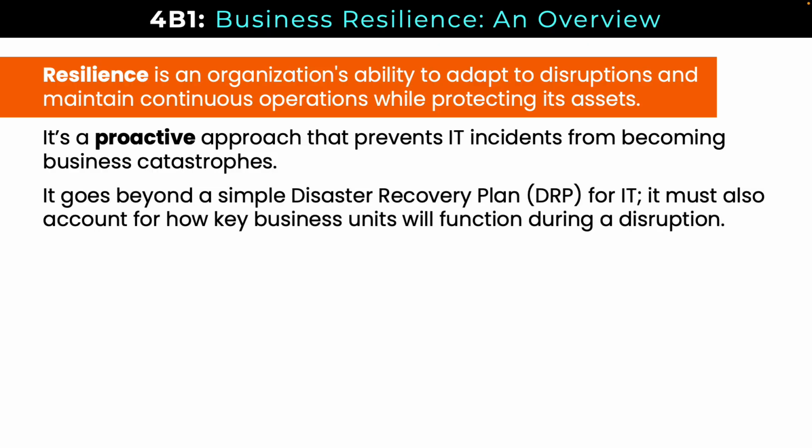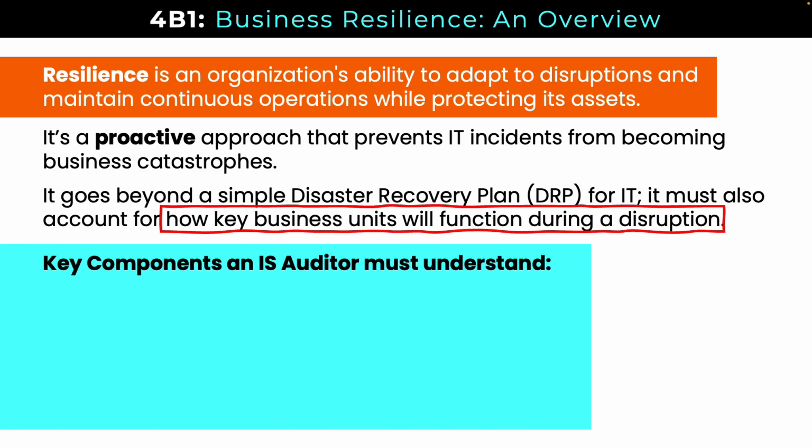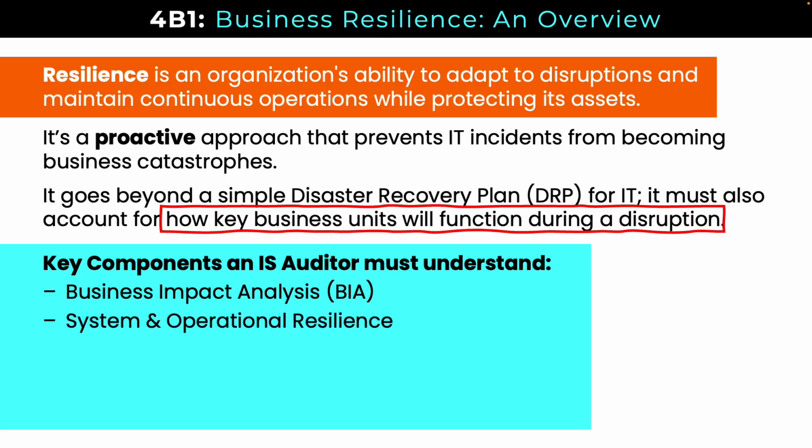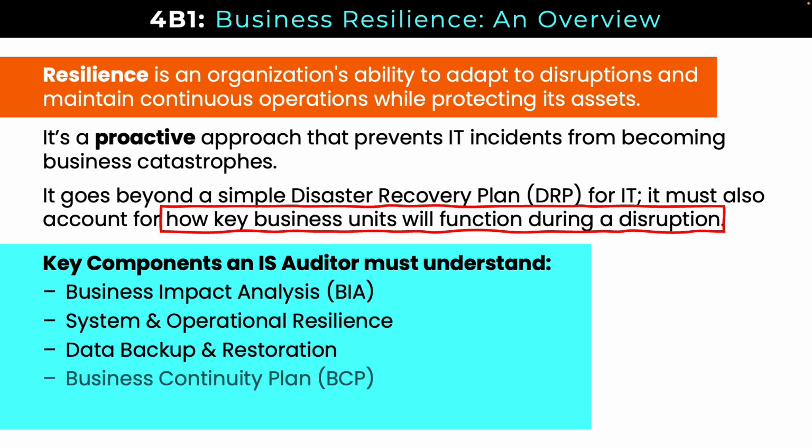It also accounts for how key business units will function during the disruption. Key components you as an auditor need to understand so you can analyze them competently include the business impact analysis, system and operational resilience, data backup and restoration, the business continuity plan, and the disaster recovery plan. And we'll talk about how the BIA, the BCP, and the DRP are related.